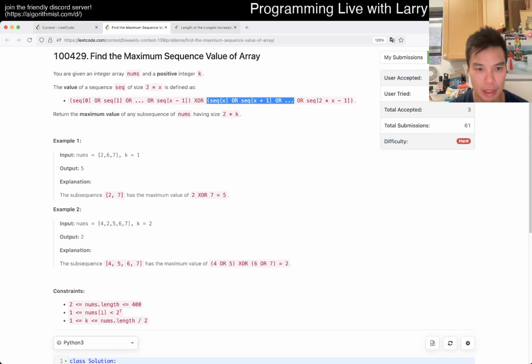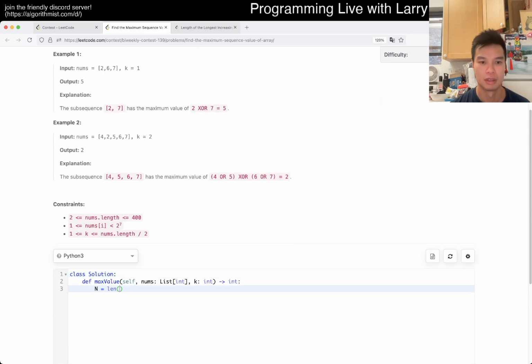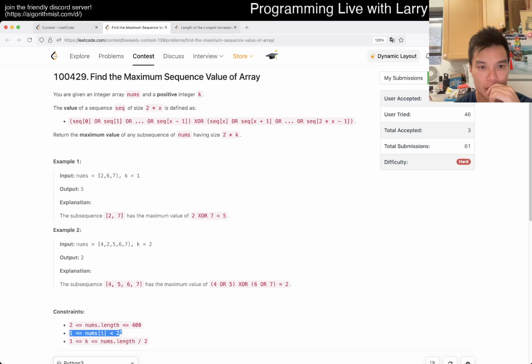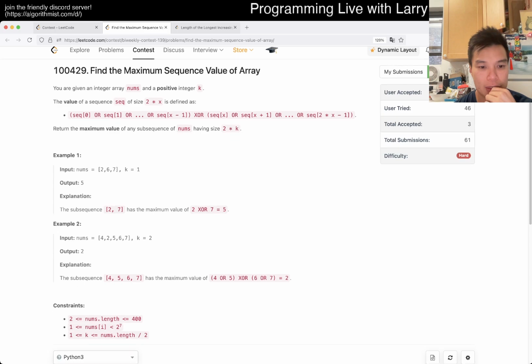400 numbers, what does that mean? I mean, it's a hard problem, take your time. Num sub i is 2 to the 7. So what are we trying to return? Any maximum value? Okay, so k. Oh, subsequence. They should define subsequence still.